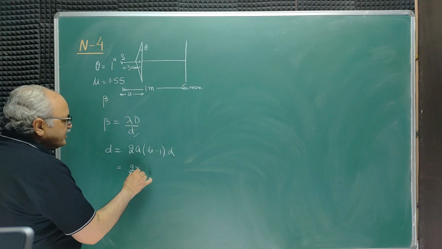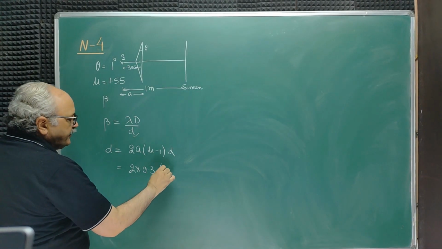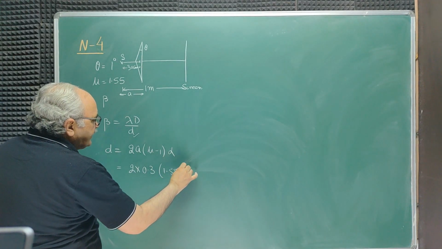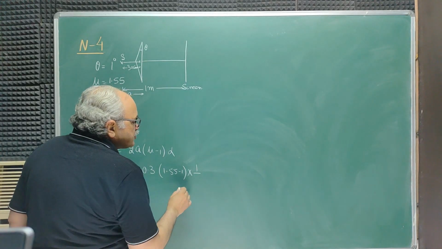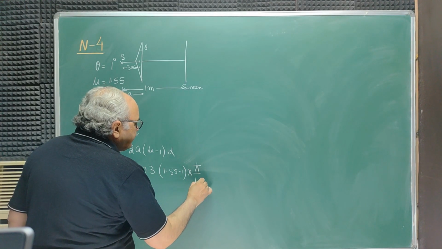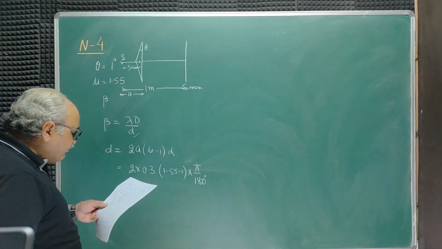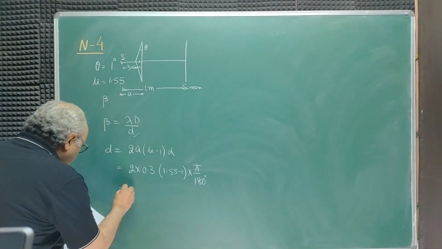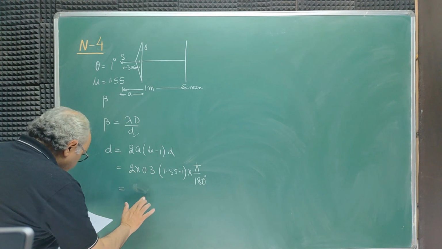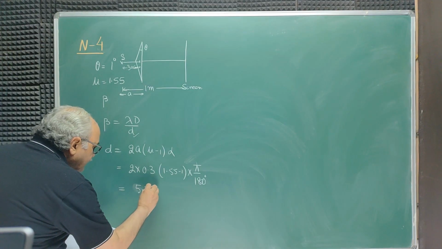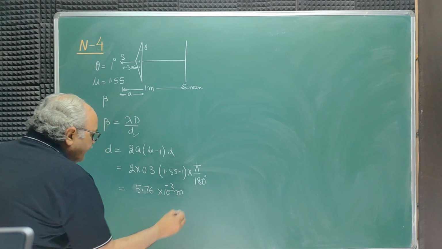So this is 2 multiplied by 0.3, 30 centimeter converted to meter, multiplied by 1.55 minus 1, but 1 degree is equal to pi divided by 180, that is in radian. And if you simplify this, small d comes out to be 5.76 into 10 to the power minus 3 of meter.